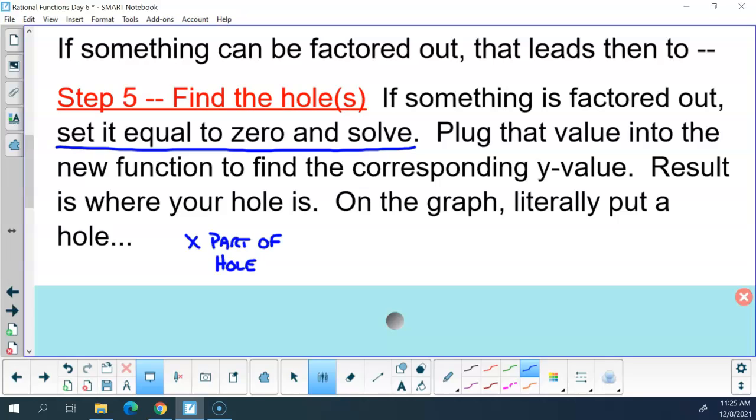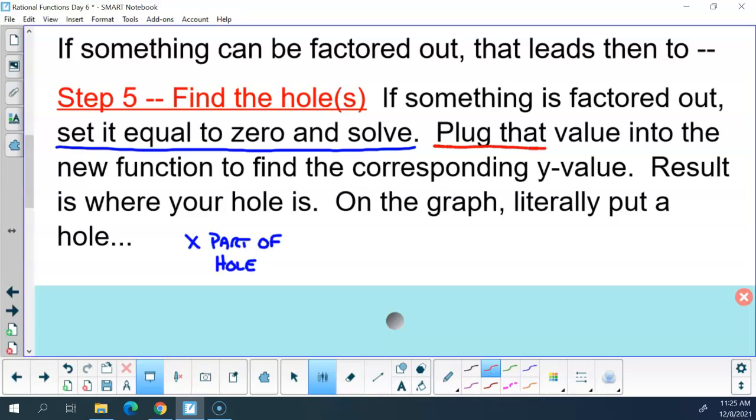Which is also the missing vertical asymptote. So if you factor something out, that's going to be a missing vertical asymptote. You'll see that here in a minute.